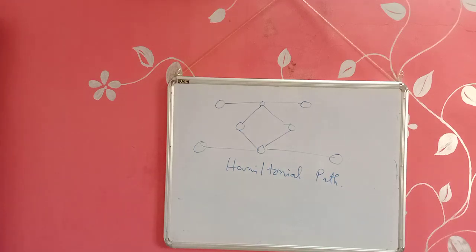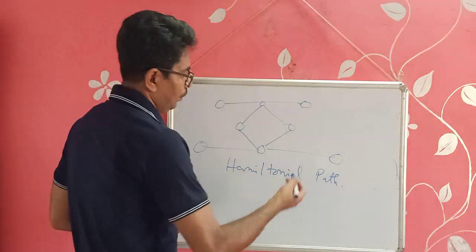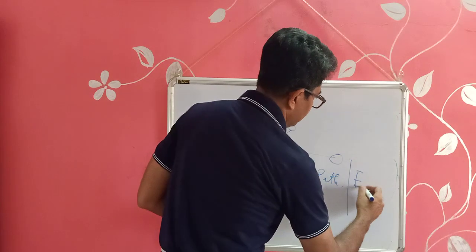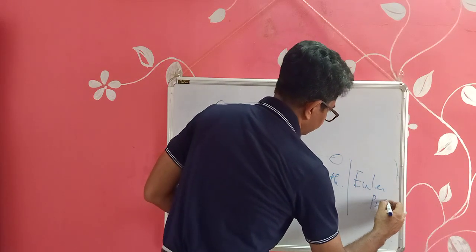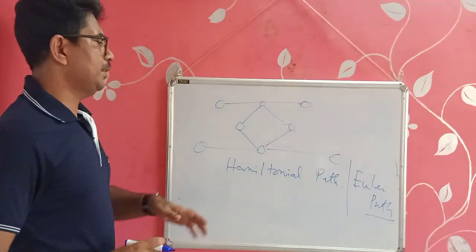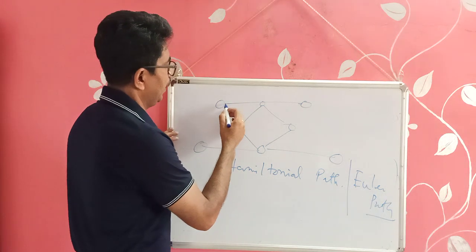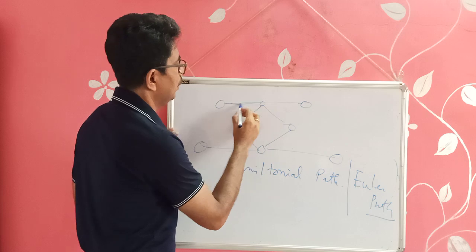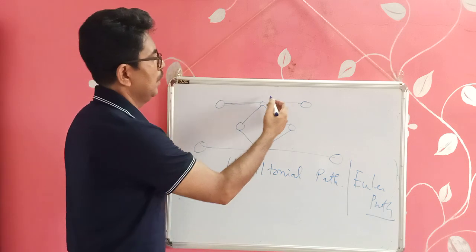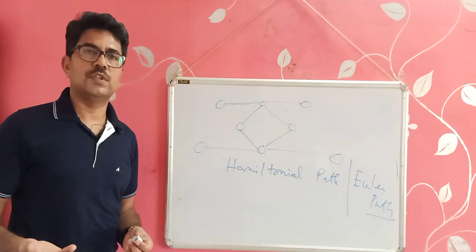Okay. There is another similar kind of problem, which is known as the Euler path. The Euler path says to find a path where each edge will be traversed at least once; the vertices may be traversed more than once.